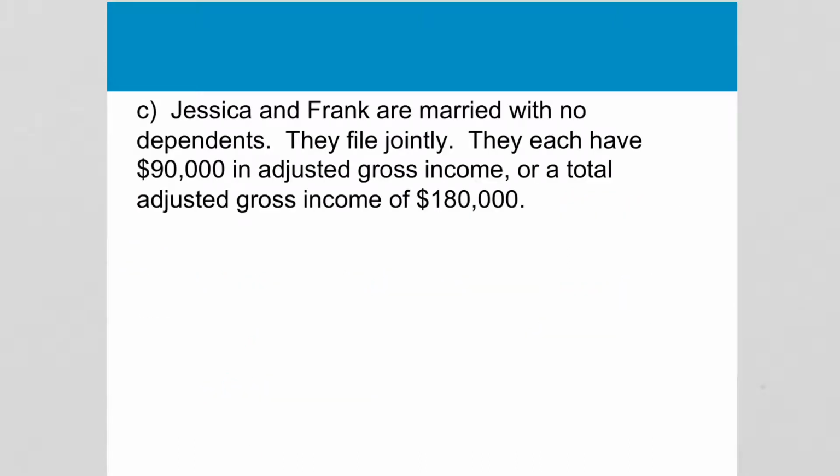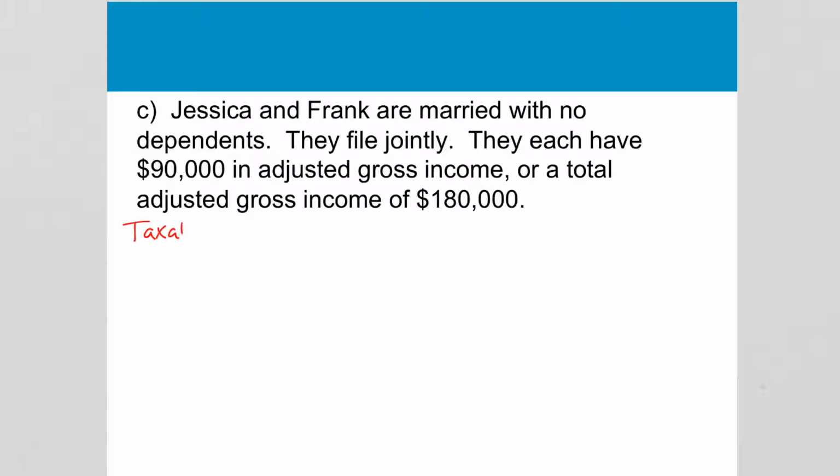And then C, Jessica and Frank are married with no dependents. They filed jointly. They each have $90,000 in adjusted gross income, or a total of $180,000.